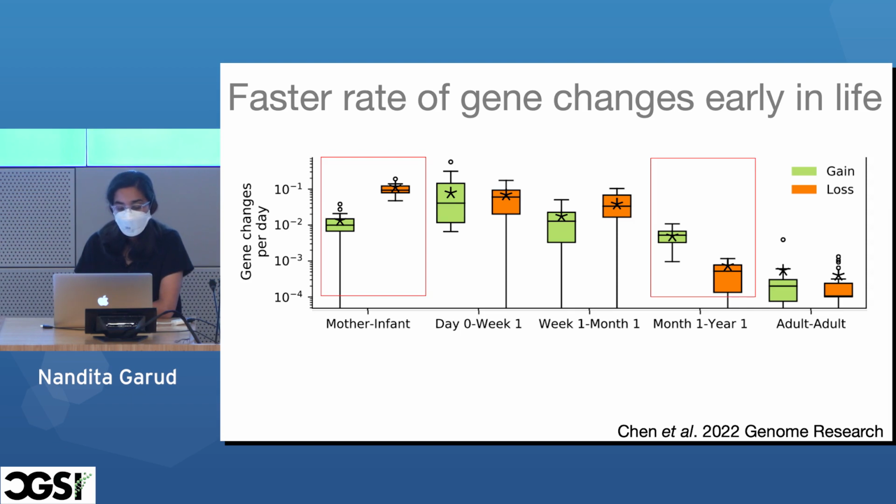From the mother-infant transition, you see an elevation of loss of genes. So the stochasticity potentially as the microbiome is moving into the baby is resulting in a loss of a lot of diversity, not just at the species level, but apparently also at the gene level.